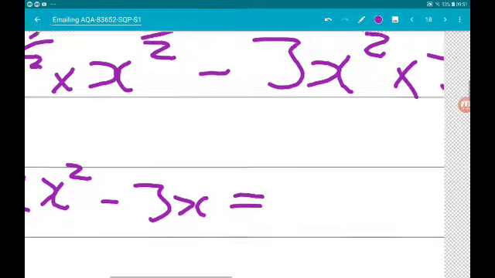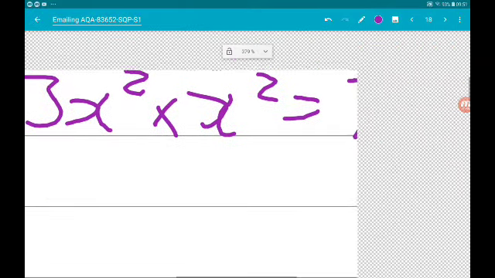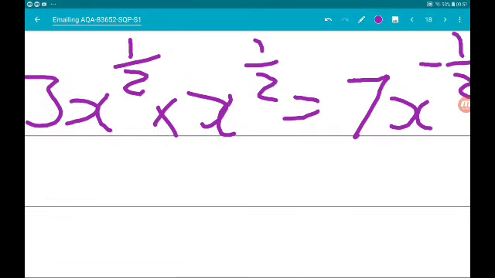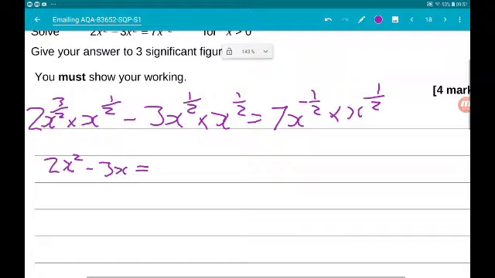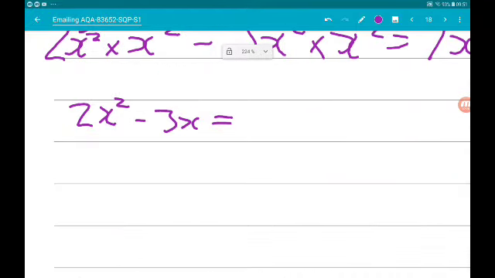And then on the right, 7 x to the minus 1/2 times x to the 1/2 is x to the minus 1/2 plus 1/2, which is x to the power 0. So on the right, we've just got 7.